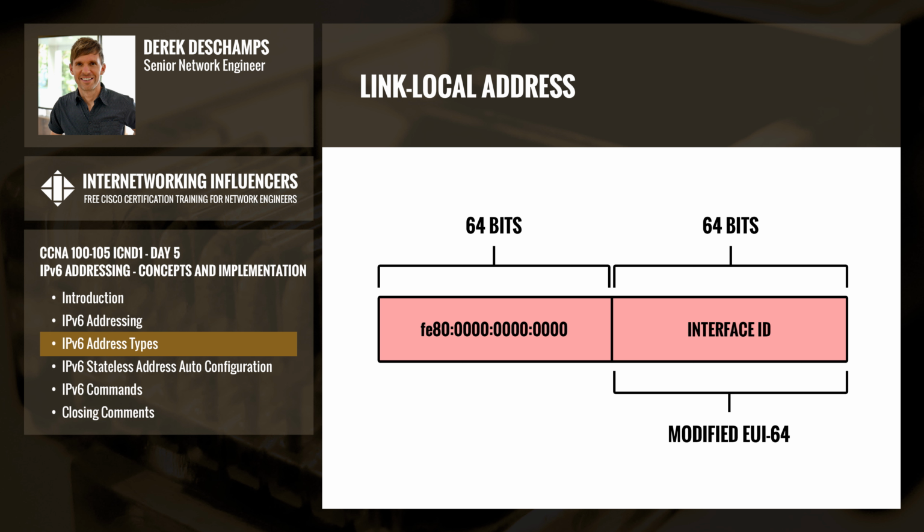On a Cisco device, if an IPv6 interface does not have a link local address manually configured, the link local address will be configured automatically, with the interface ID generated using modified EUI64.